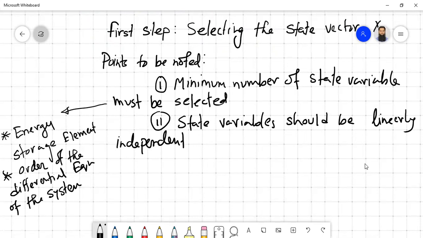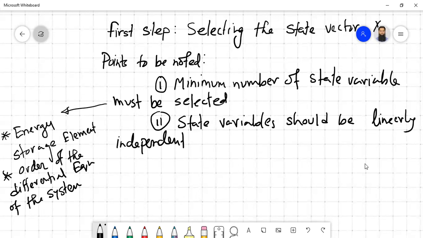So this should be equal to the minimum number of state variables. If it is a second order differential equation, definitely the minimum number of state variables should be 2.